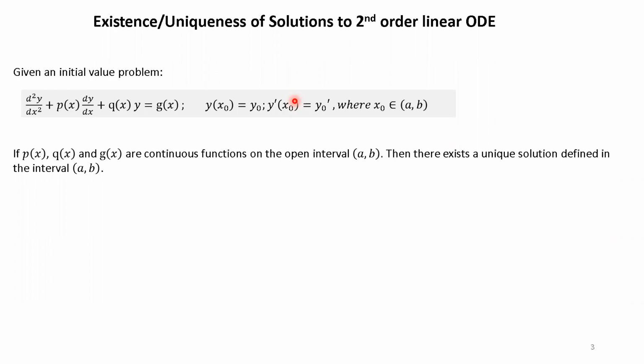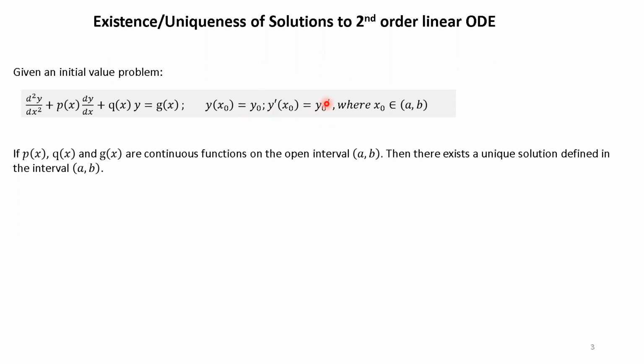Here, I should say that this is just one initial condition, but it's specified by two numbers. In the first order ODE, the initial condition is specified by just one number; here it is two numbers. And that actually makes sense.